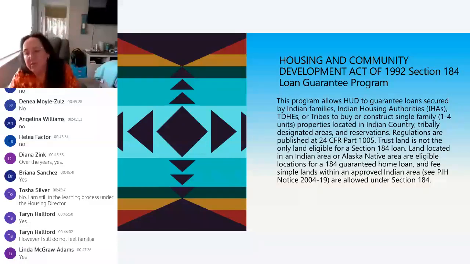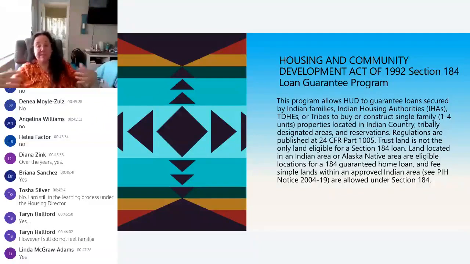Those regulations are published at 24 CFR Part 1005. It's not only trust land. You can buy a house in downtown Sun City, Florida, if the Seminole had expanded into that area, that's the tribe in this particular area. So land located in an Indian area or Alaska Native area are eligible locations for the 184 guaranteed home loan.